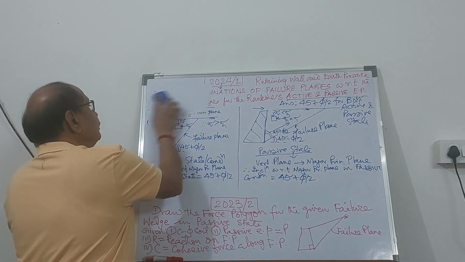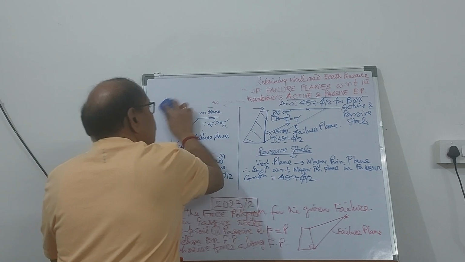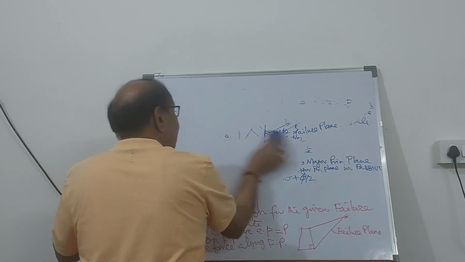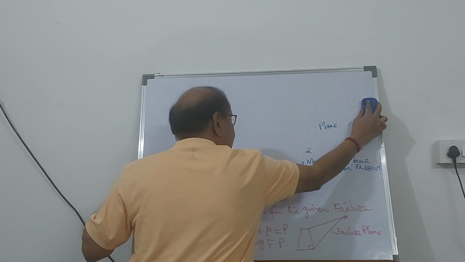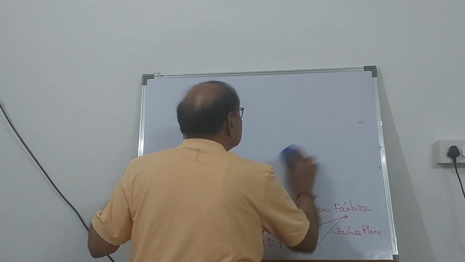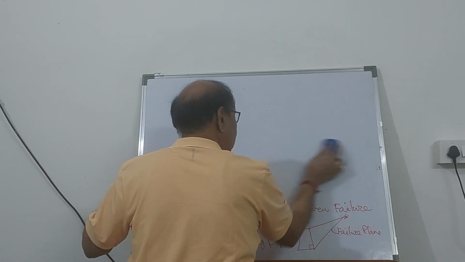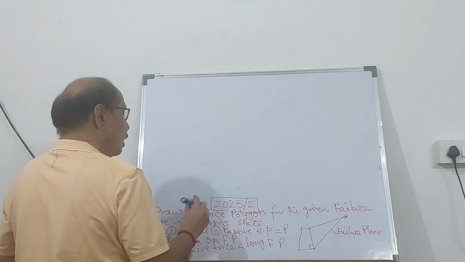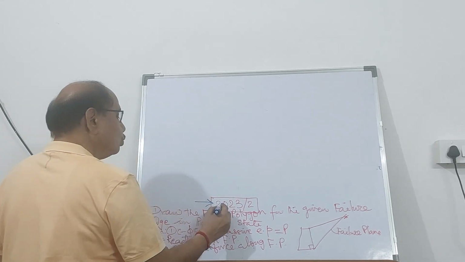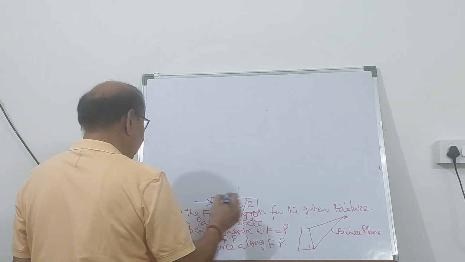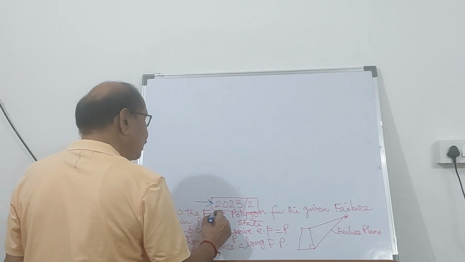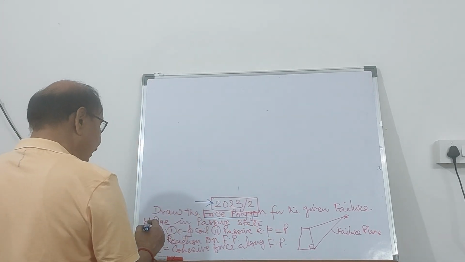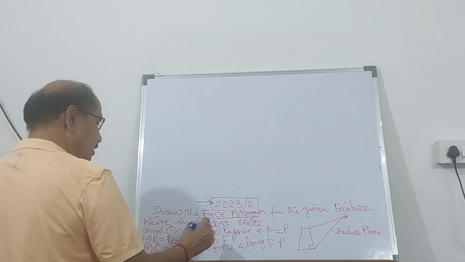The next problem on earth pressure and retaining wall is of 2023 Set 2. You have to draw the force polygon for the given failure wedge in passive state.